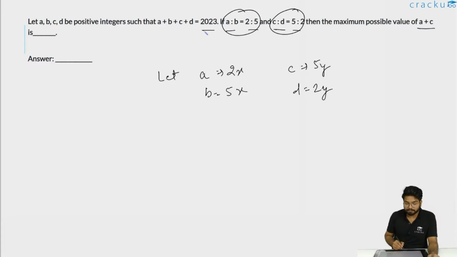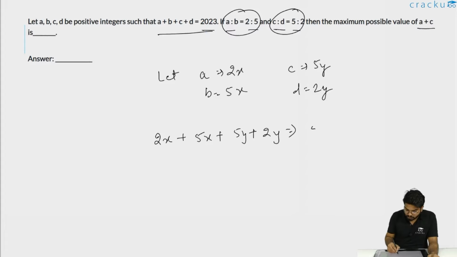Now we have got the numbers. We are given this sum, that is A, which is 2X, plus B 5X, C 5Y, plus D 2Y. This is equal to 2023. Or we can say this is 7x plus 7y, which is equal to 2023.